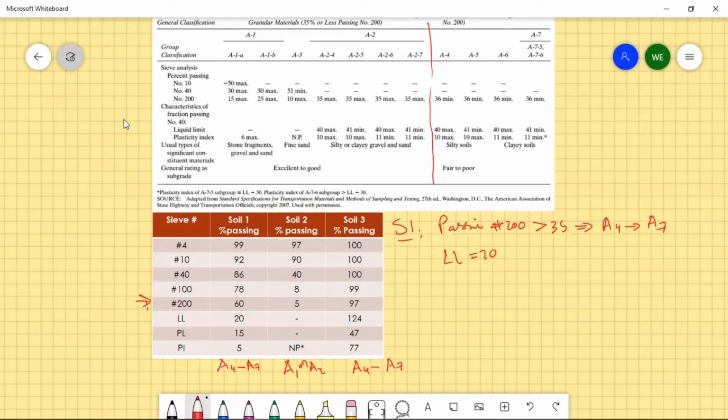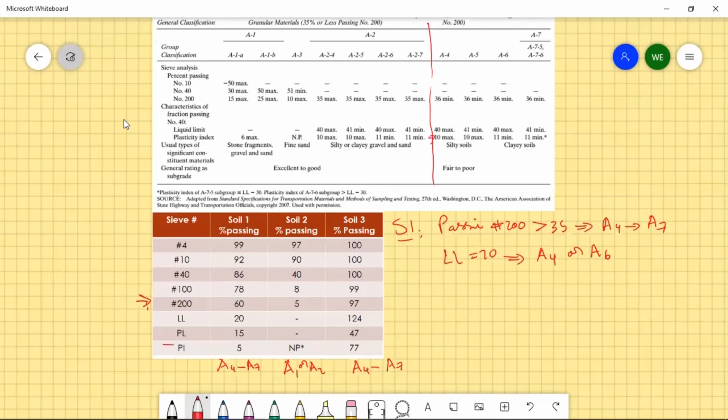So that's the maximum 40, but here the minimum is 41. So it's either A4 or A6. Then we go to the plasticity index.